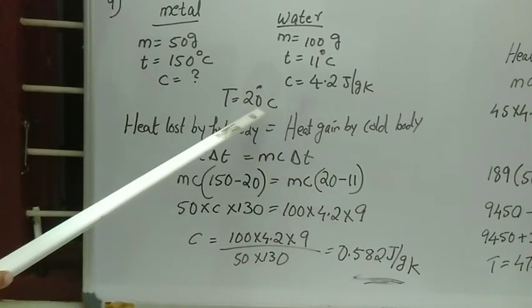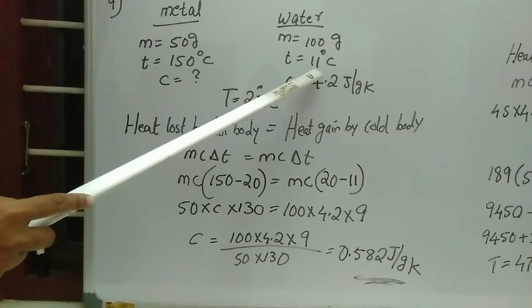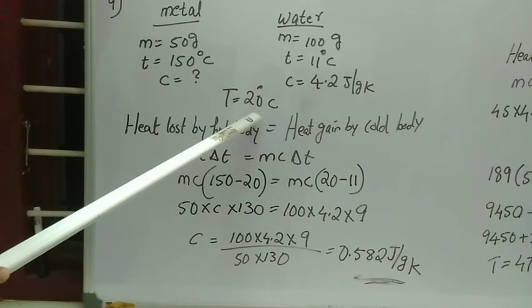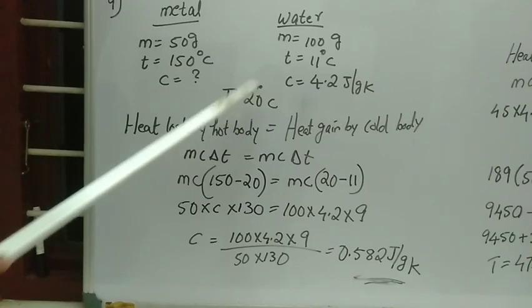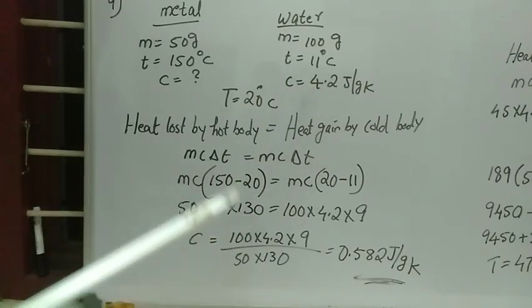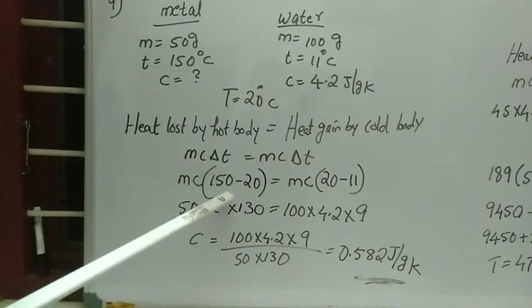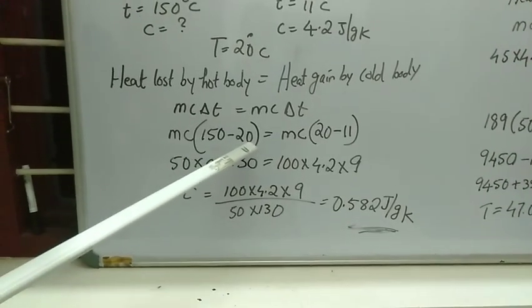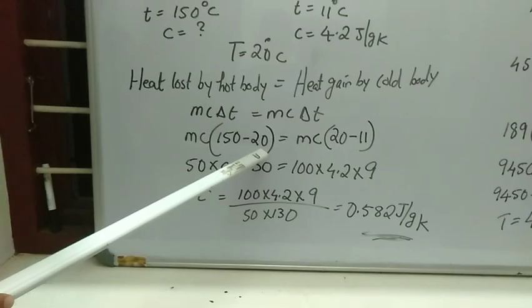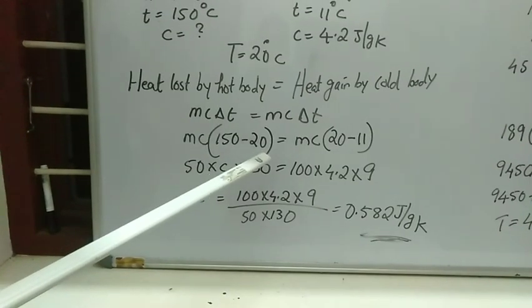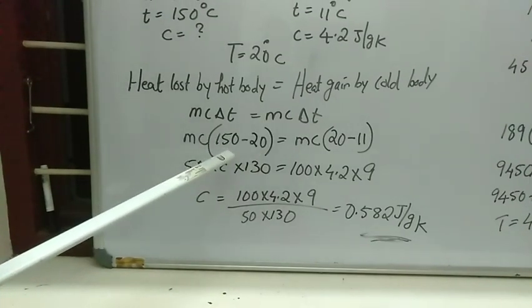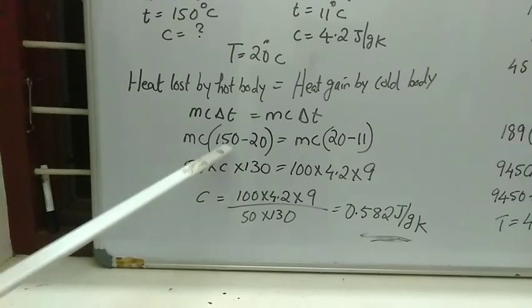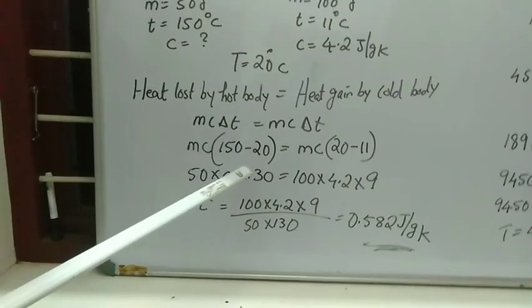Here what is happening? Already it is only 11 degrees. It is going to increase to 20. So we have to take 20 minus 11. So how to take delta T is the important thing you have to keep in mind. Here is small t minus capital T. In case of heat lost by the hot body, it will be small t, that is the given temperature, minus the final temperature.